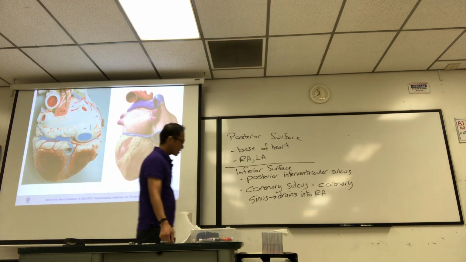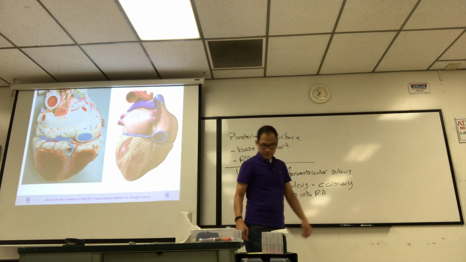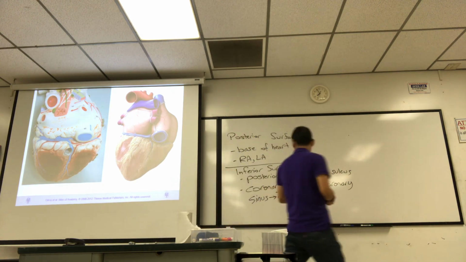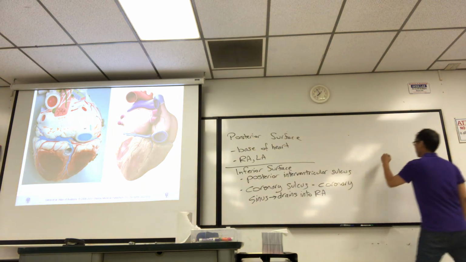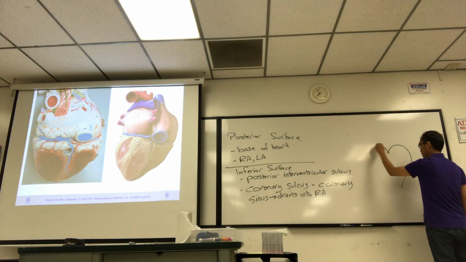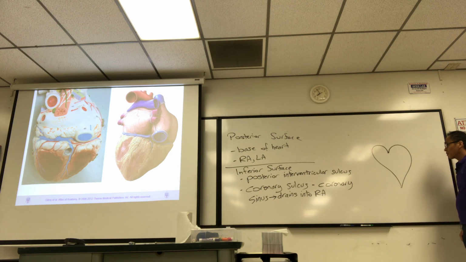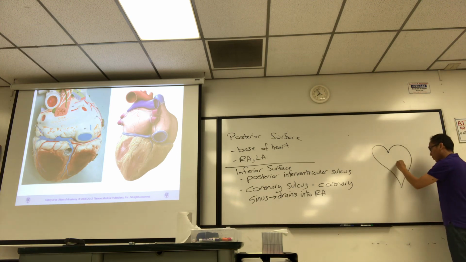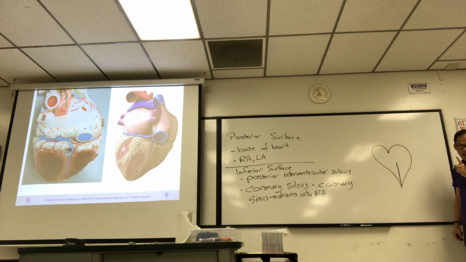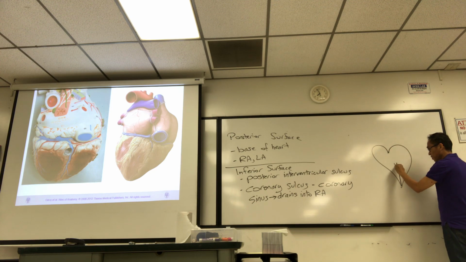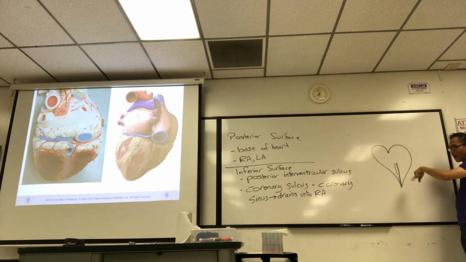So these sulci that you're looking at, I think we're starting to realize hearts kind of don't look like this at all, but just to give you a simple illustration, that anterior interventricular sulcus, it's right down between the two ventricles. It goes right down to the apex. The one on the back, the posterior interventricular sulcus, it connects to the one in the front. So they connect front to back.